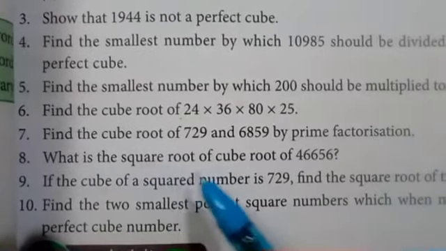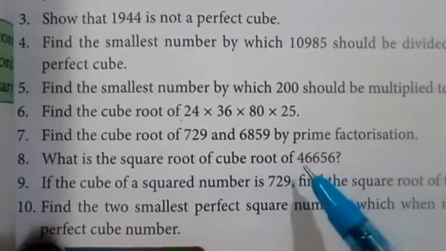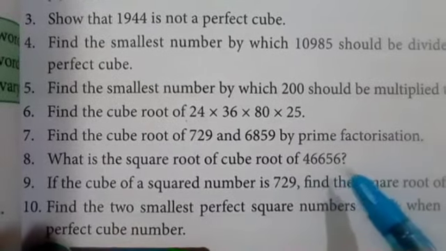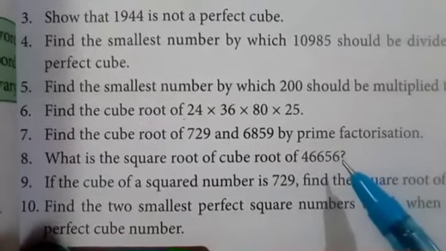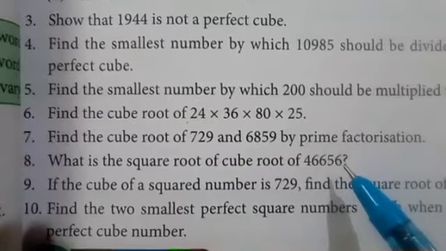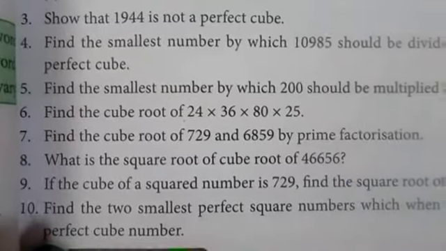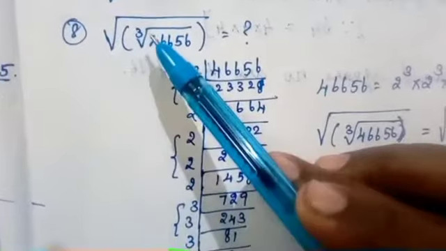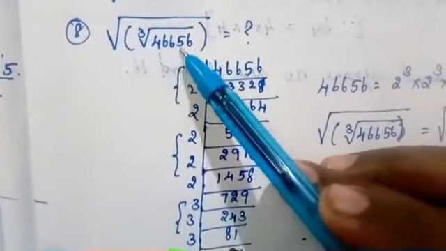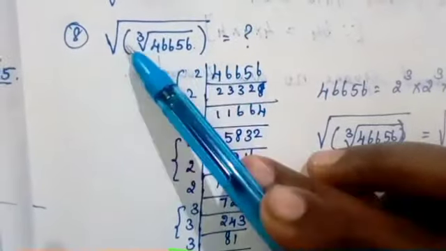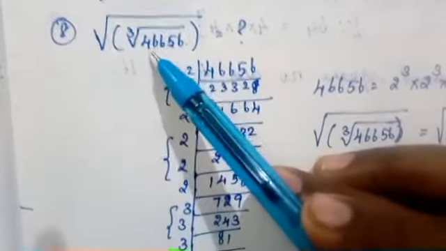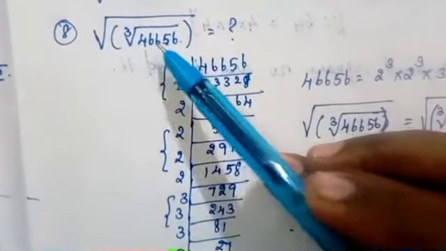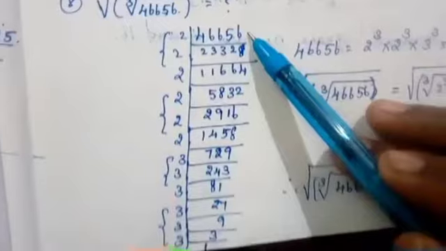Eighth question: what is the square root of the cube root of 46,656? The given question is written in the form square root of cube root of 46,656. You have to use the prime factorization method for 46,656.